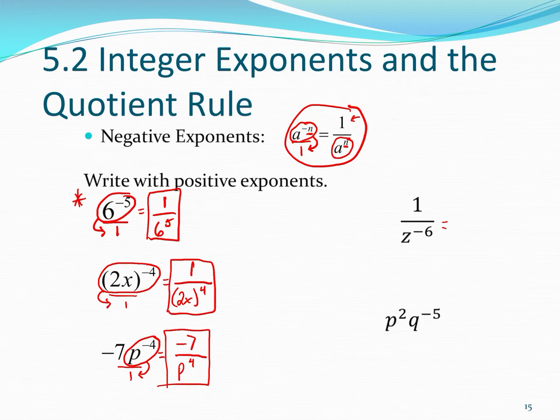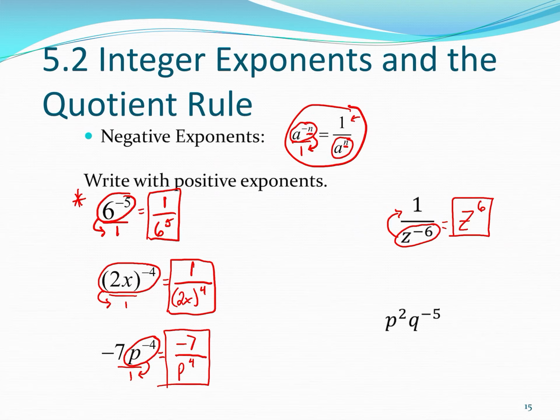If you look at the next one though, now we have a negative exponent on the bottom. So how do we make it positive? Well, I hope it makes sense that if you can take a base and its positive exponent and move it to the bottom, a base and its negative exponent and move it to the bottom and make it positive, well, then you could also take a base and its negative exponent and move it to the top and make it positive.